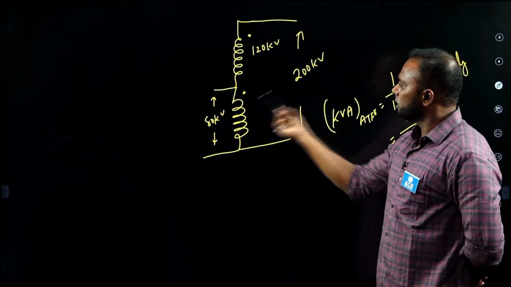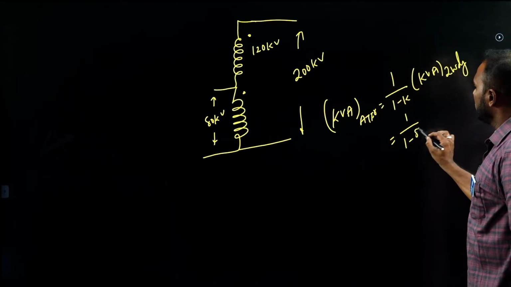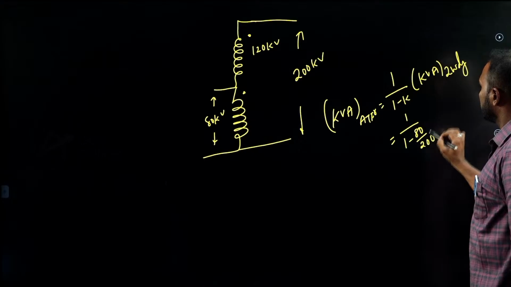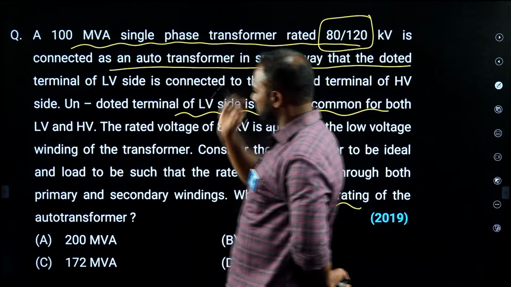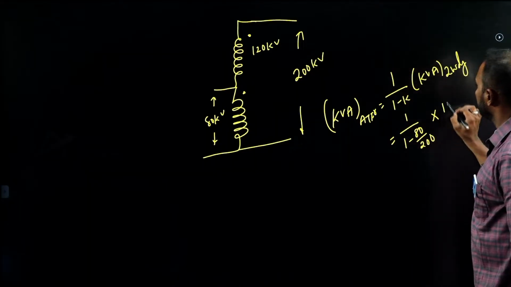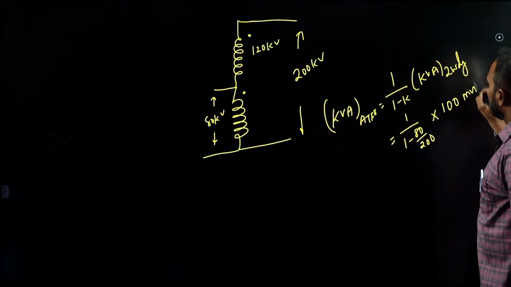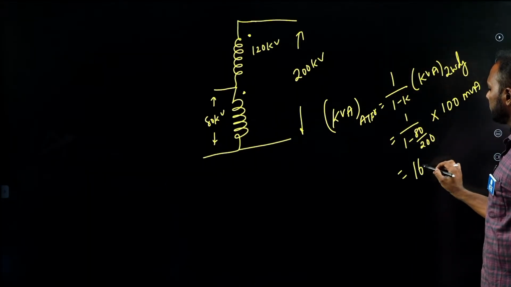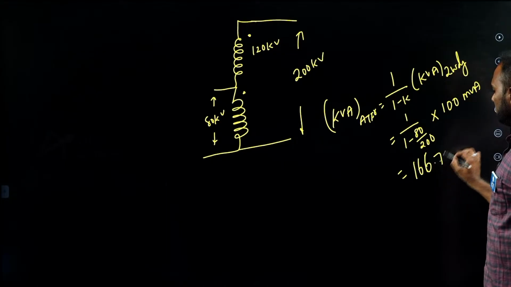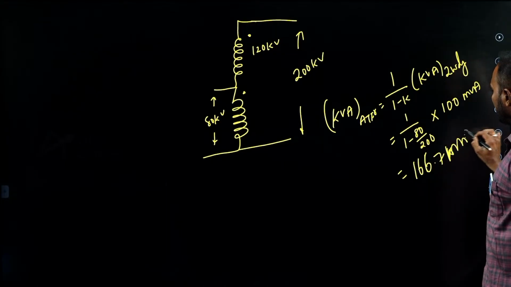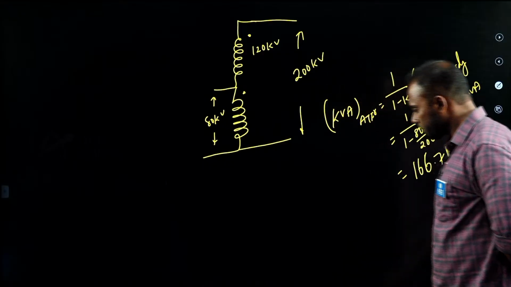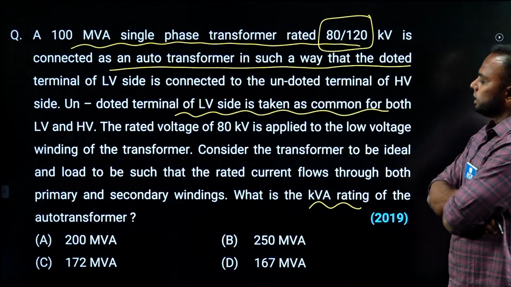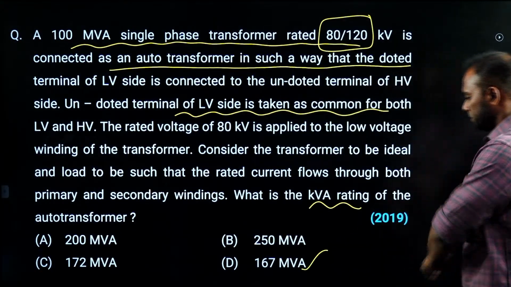Low voltage by high voltage, 80 divided by 200. So 1 by 1 minus 80 by 200, into the MVA rating given here, 100 MVA. Now simplify this, we get 166.7 MVA or approximately 167 MVA. 167 means option D is the correct one.